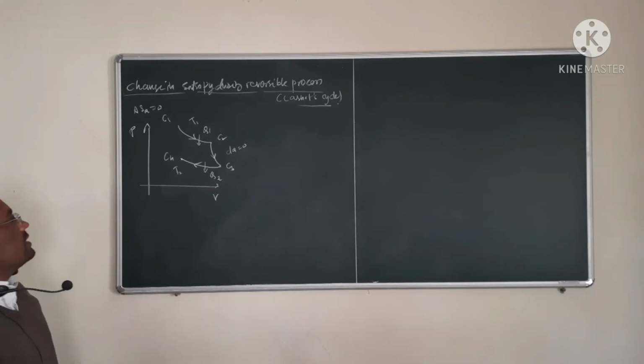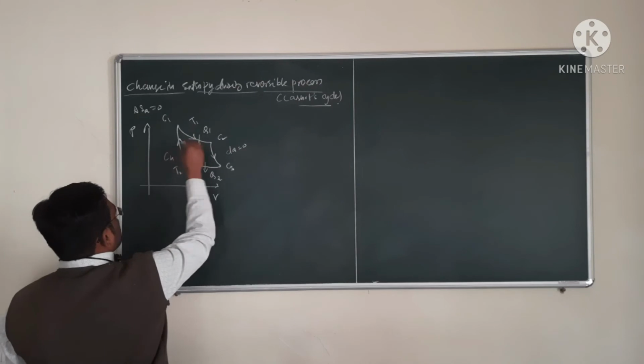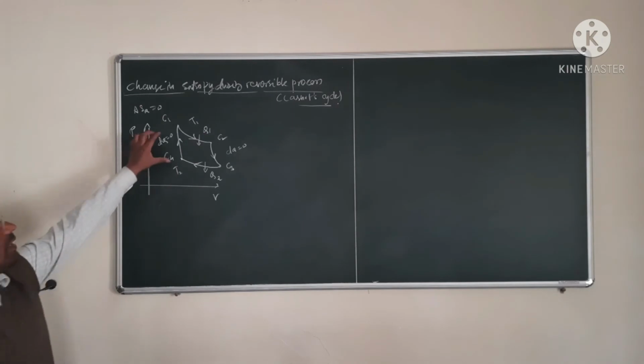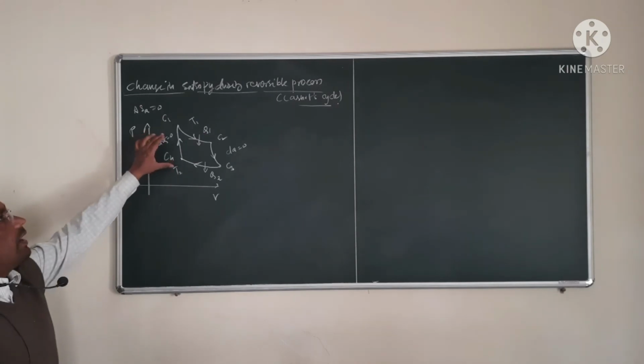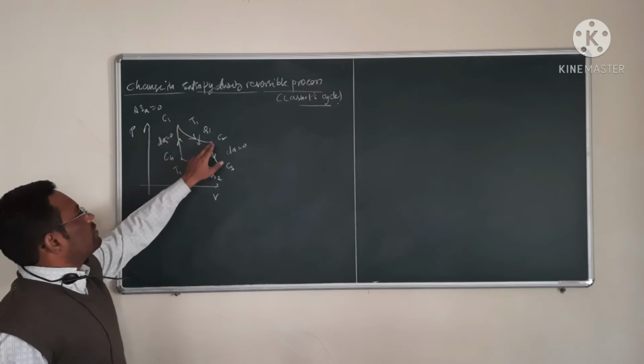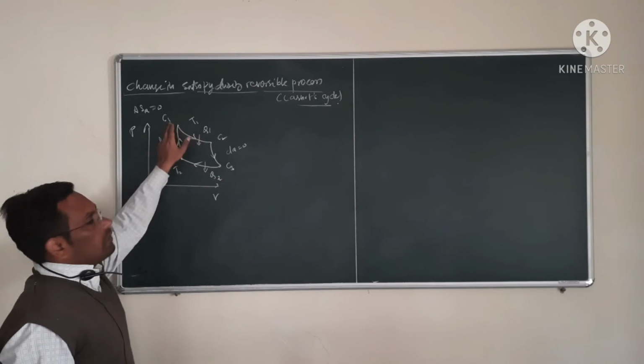The last process is C4 to C1. This process is again adiabatic compression. Now this is a reversible process, meaning if you go from C1 to C2, we can retrace back the same path from C2 to C1.